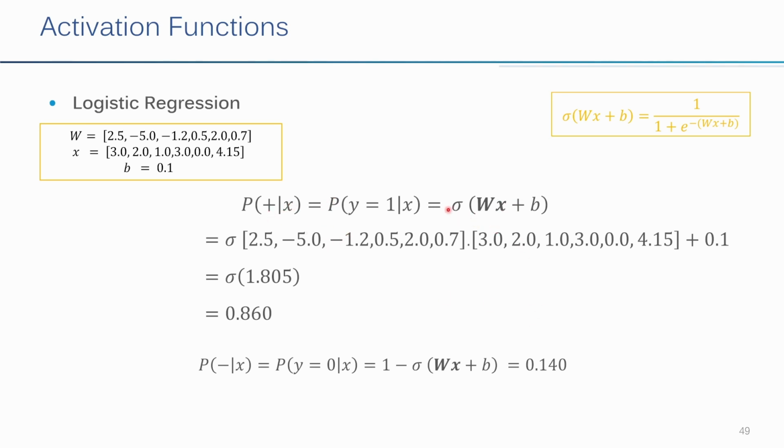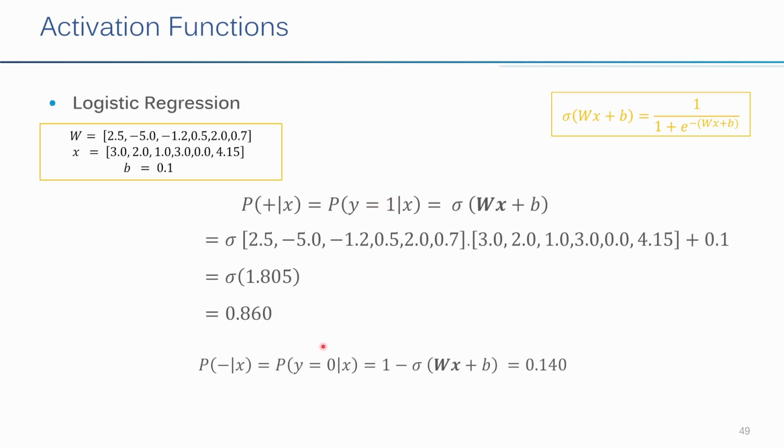Of course, don't forget that the sigmoid function right here is 1 over 1 plus e to the minus z. Remember that this represents z. Then if we do the dot product between w and x, and then sum our bias term, we'll see there is a probability, given the importance of this set of features, that this will belong to this specific category, the positive category, or for that matter, 1.